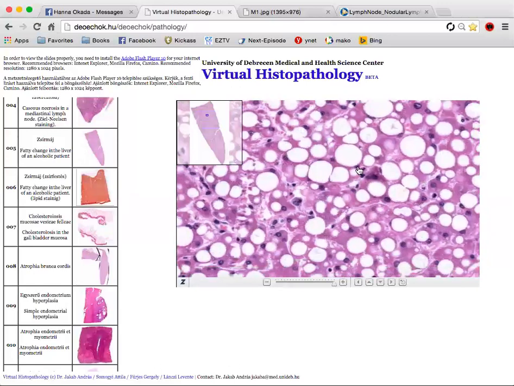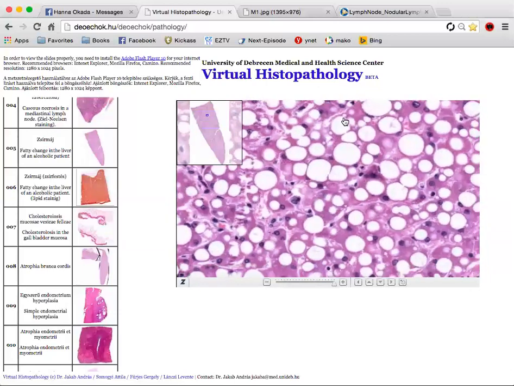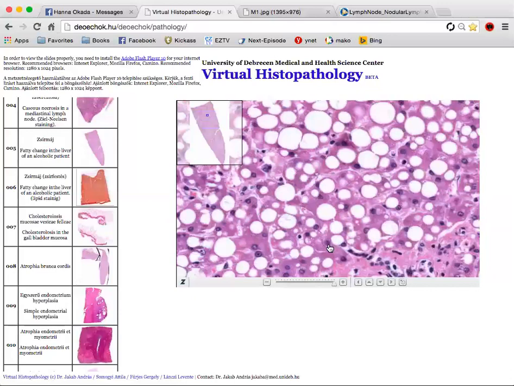But they're still alive, and this is very reversible, okay? So if the person stops drinking and starts eating right, over time, they would become normal again. But what you can see here is the cell membrane, and the nuclei are being pushed to the periphery. Okay. Exactly like in fat cells, but these are liver cells.